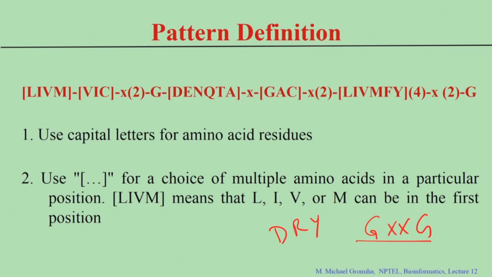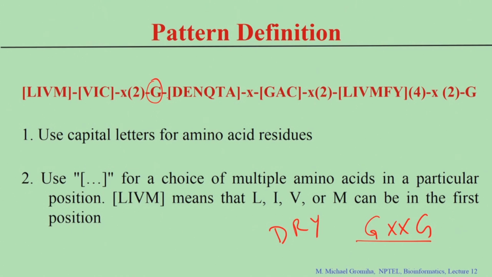So, in this case we define patterns using some sort of notations. Here on the sequence, we use residue names. For example, here this means the residue glycine is conserved at a particular position, that maintains the same residue at the particular position.